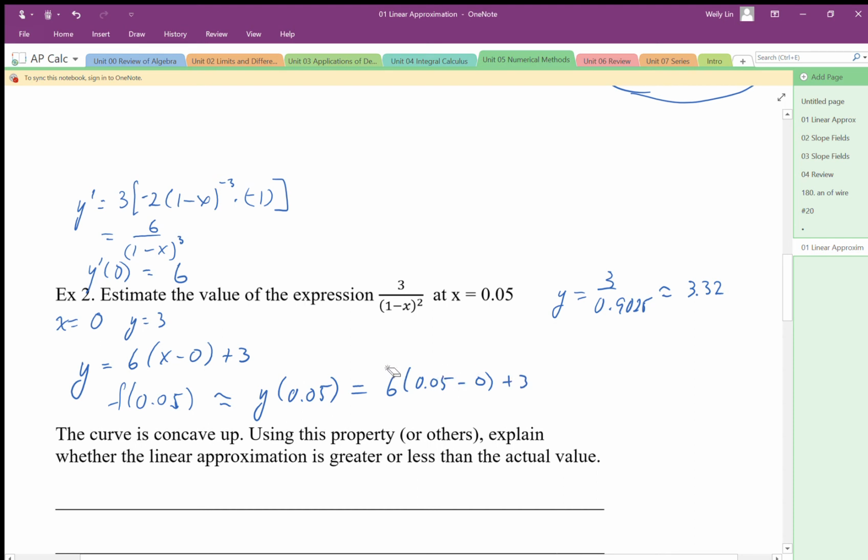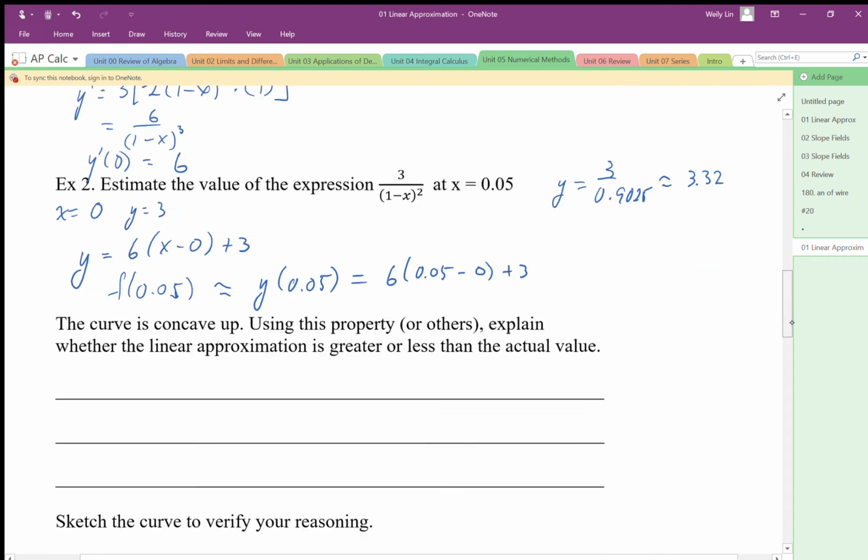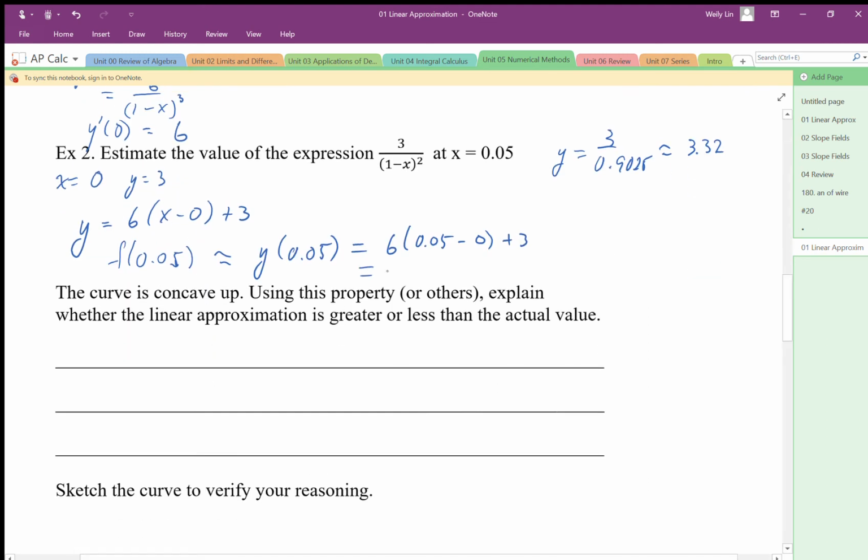I multiply by the slope, I get my rise, and add it to the starting point of 3. So my y coordinate works out to be 3.30. Comparing that to the actual value, it's actually not too bad. That's a pretty good approximation.